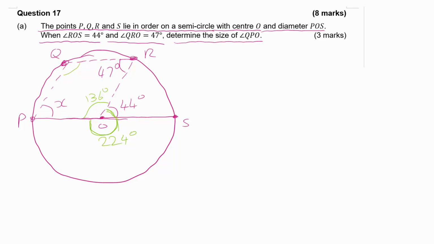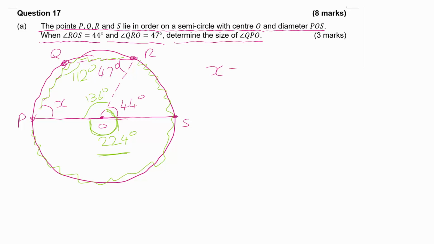This angle here is the angle at the center subtended by this arc. And this angle here is the angle at the circumference subtended by the same arc. Therefore, the angle PQR is going to be half of 224, which is 112 degrees.